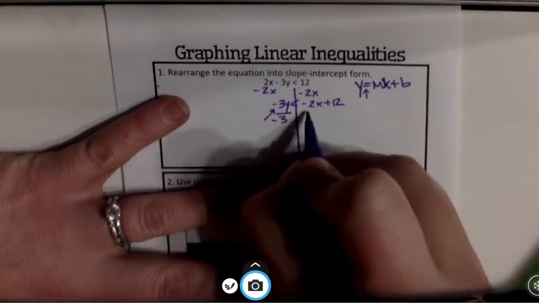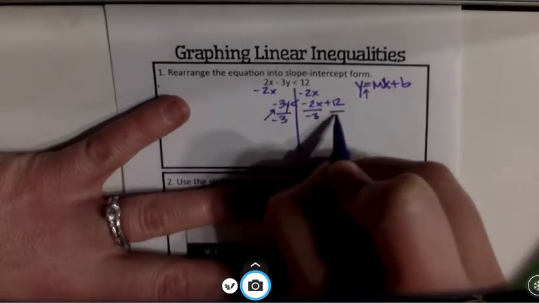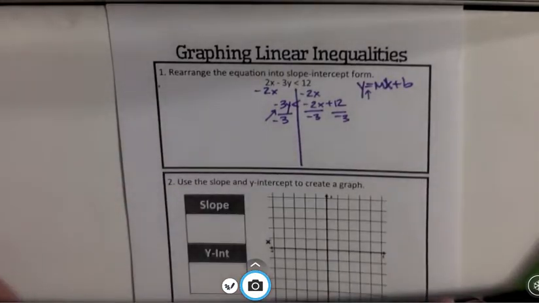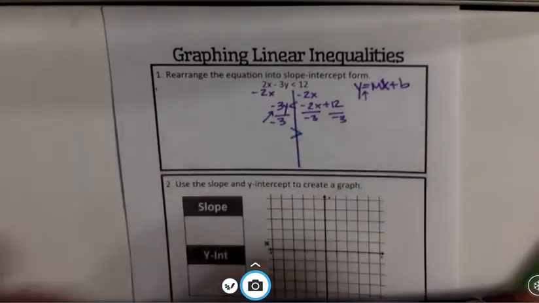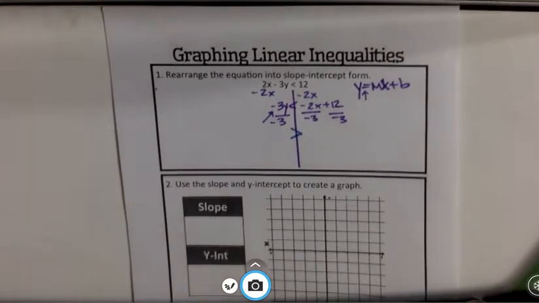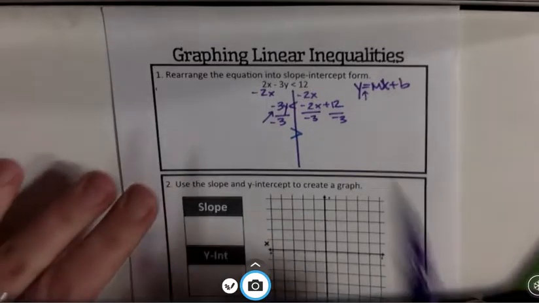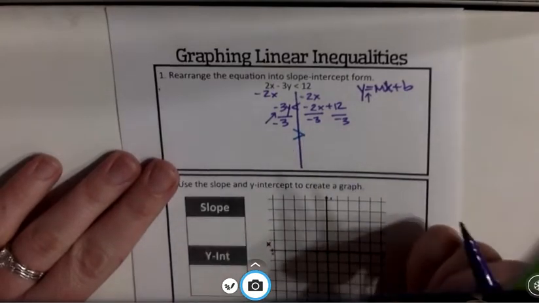I'm going to divide by -3 on all of the terms. And when I do that, I need to make sure, and this was a common error in most people's module 2 test, please make sure you flip your inequality when you divide by a negative number.